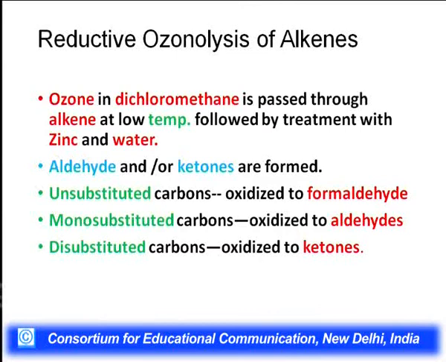If it is a monosubstituted alkene, that is the carbon containing the double bond is secondary, then we will get an aldehyde. And if it is a disubstituted alkene, that is the carbon containing the double bond is a tertiary carbon, then that double bond will be oxidized to a ketone.